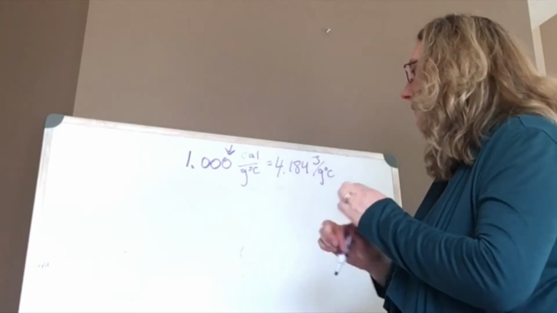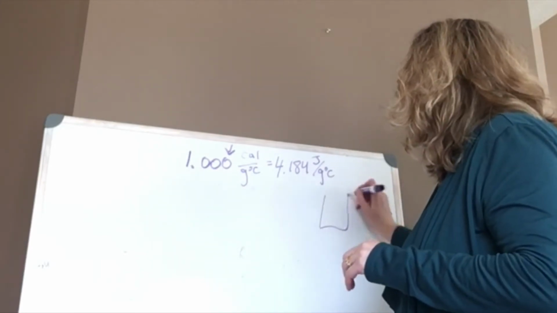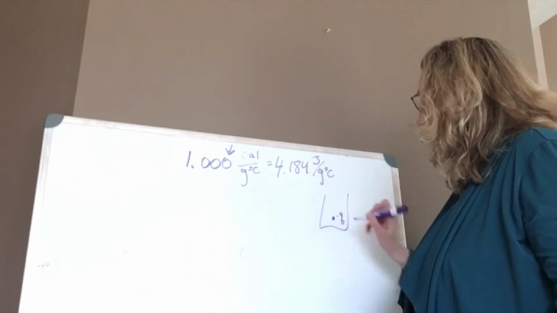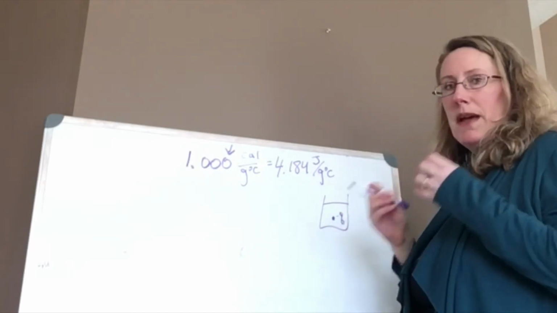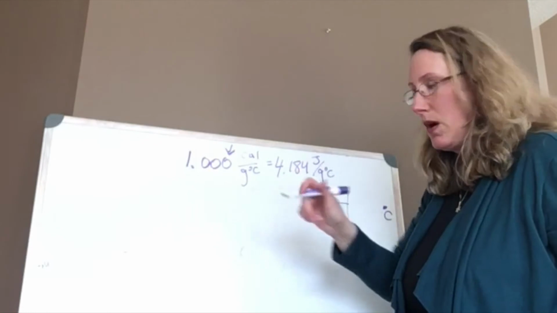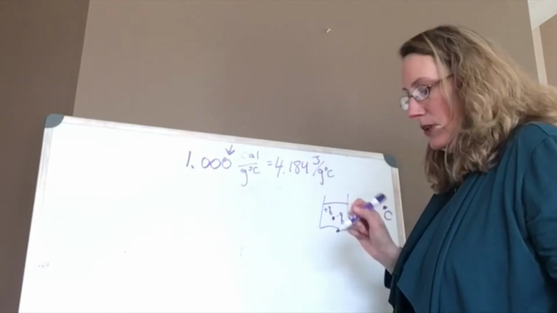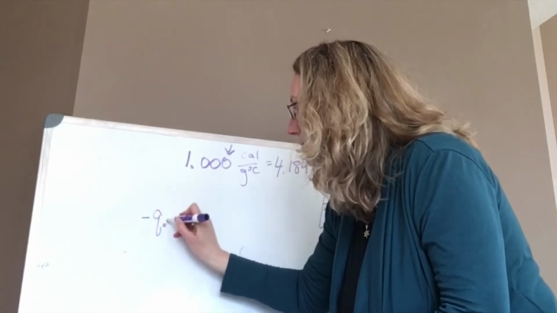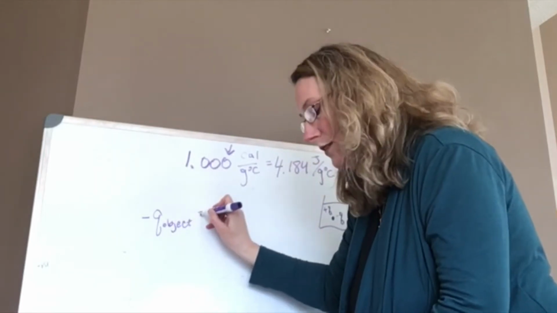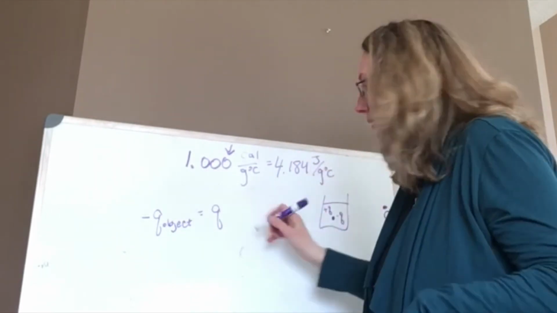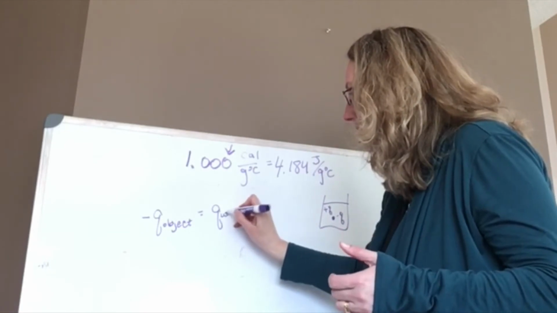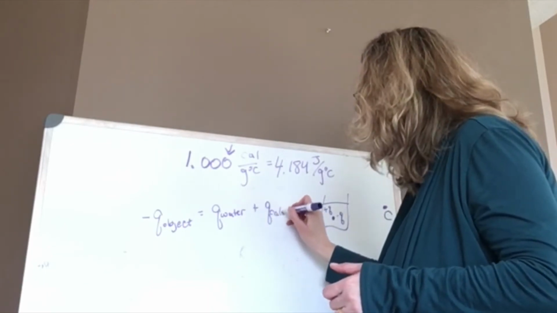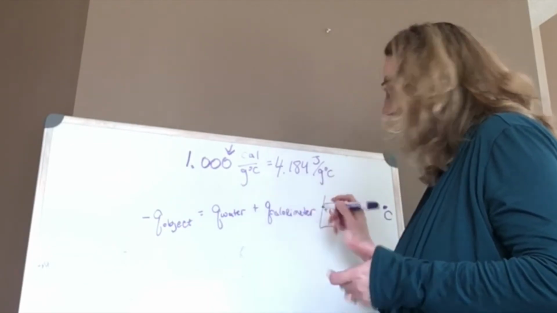And remember I said that when we have this, the heat that comes off of something is your negative Q. So there's going to be heat coming off your metal, and there's going to be heat going into your water, and that's positive Q. So there's another equation that is negative Q from your object is going to equal the Q of the water, the energy, the heat that goes into your water, plus the Q that goes into your calorimeter. Right? Does that make sense?